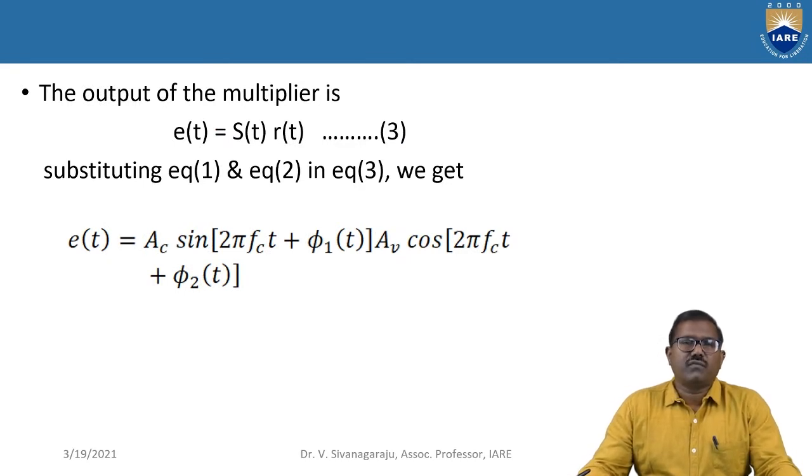So the output of the multiplier, which is E of t, is equal to S of t into R of t.